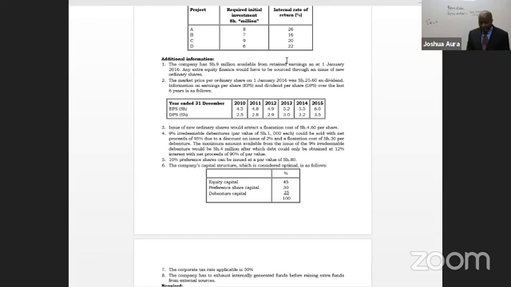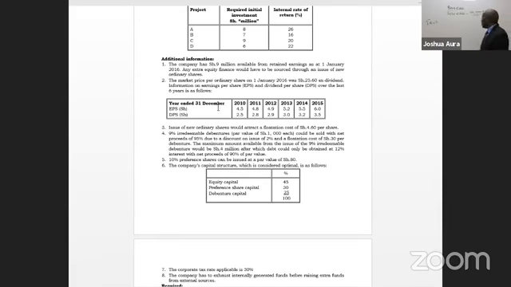The maximum amount available from the issue of the 9% irredeemable debenture would be 4 million. If you had this paper with you, I would have told you to underline this line, which says the maximum amount available from the issue of the 9% irredeemable debenture would be 4 million shillings.